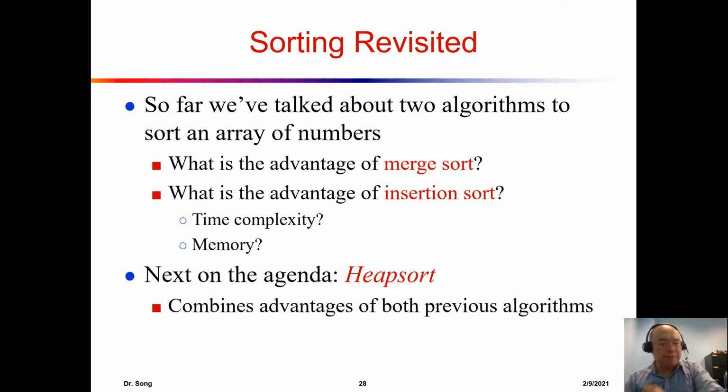But what else? Other than the time complexity, how about we also talk about the memory? Do you like merge sort or insertion sort when you are considering memory consumption? Or let me ask from another perspective: merge sort versus insertion sort, which one requires extra memory space? Which one can store the values in place?